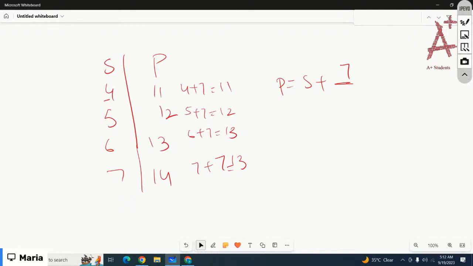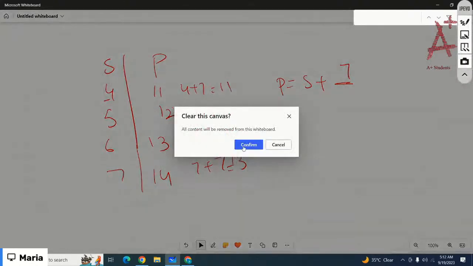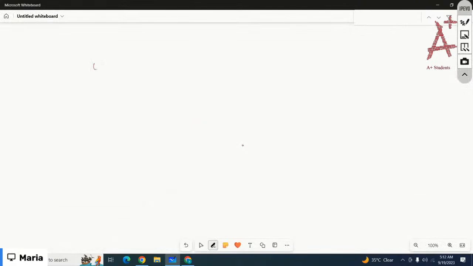Let's just see another example. You are given the table. m equals w, take away the missing number.